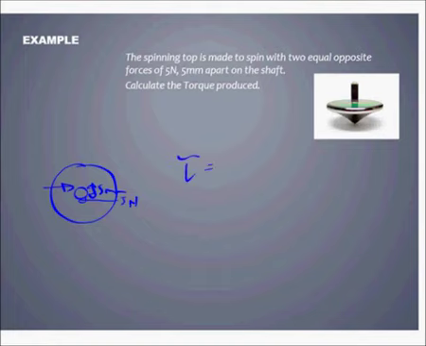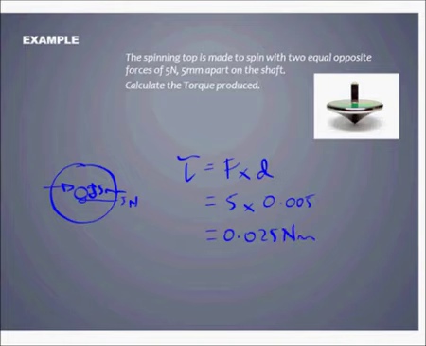So torque is equal to force times distance between them, and the force in this case is 5 multiplied by 0.005 meters, and you find out what that is equal to. Okay, 0.025 Nm, making sure you're in meters.